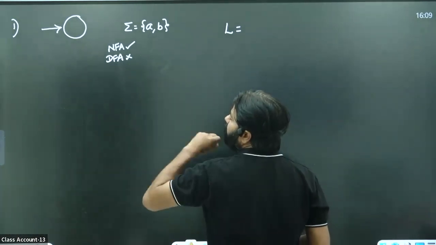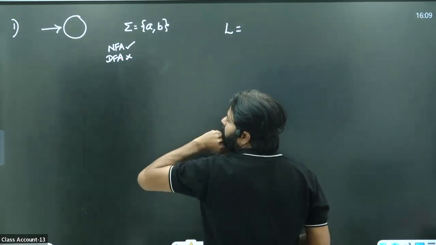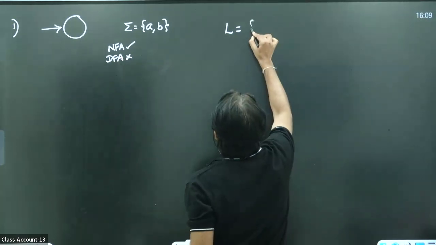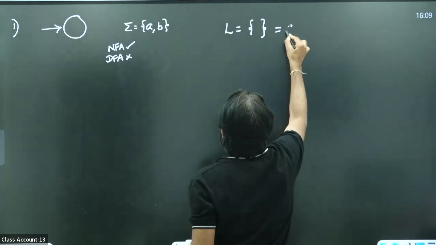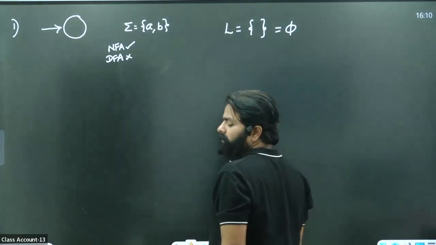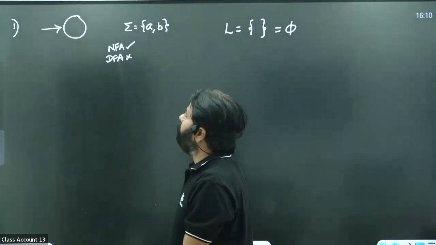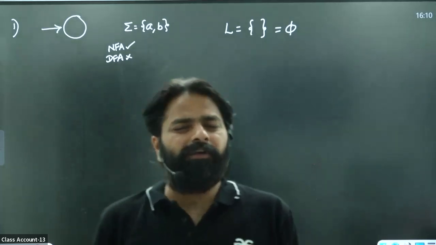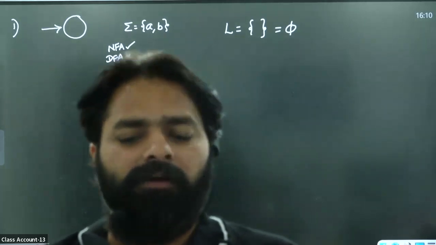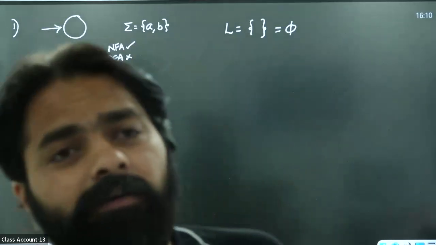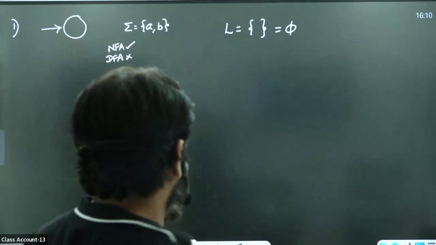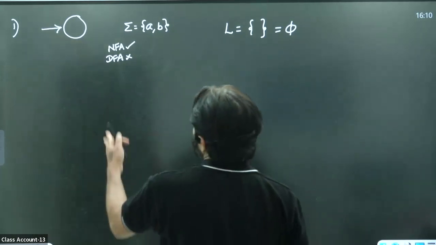If you don't have a final state, what is the language accepted by this machine? Nothing. There is no string. Even epsilon can't be accepted here. Whether it is DFA or NFA, if it does not have a final state, it accepts nothing. Nothing means empty language. No string is accepted here.